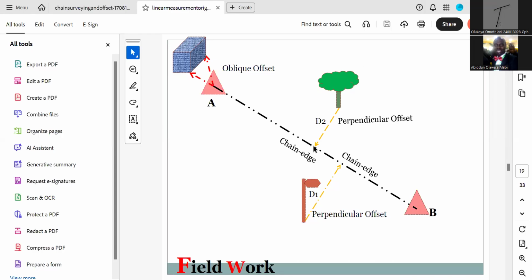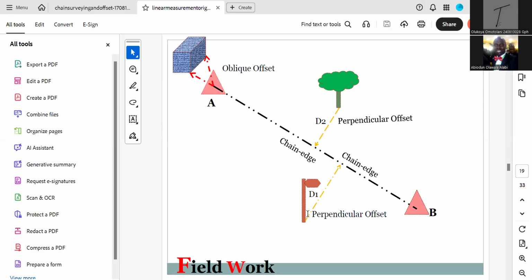For me to have this line here, there must be a point here. The point here will be a subsidiary station or a tie station. So a perpendicular offset is used to locate this tree.